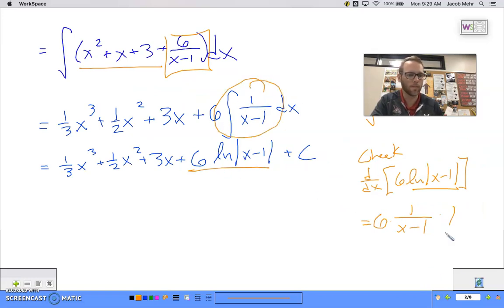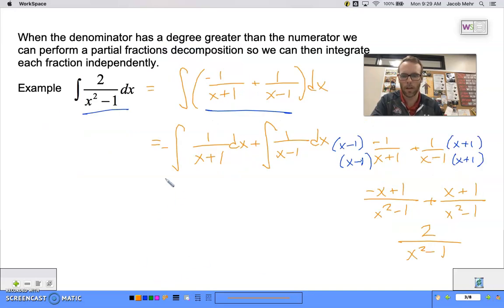We know how to find that antiderivative. So this is going to be negative. What's the antiderivative of 1 over x plus 1? That's the natural log of the absolute value of x plus 1. And again, the x plus 1 we don't have to worry about because the derivative of the inside is just 1. And then this would be plus the natural log of the absolute value of x minus 1 plus c.